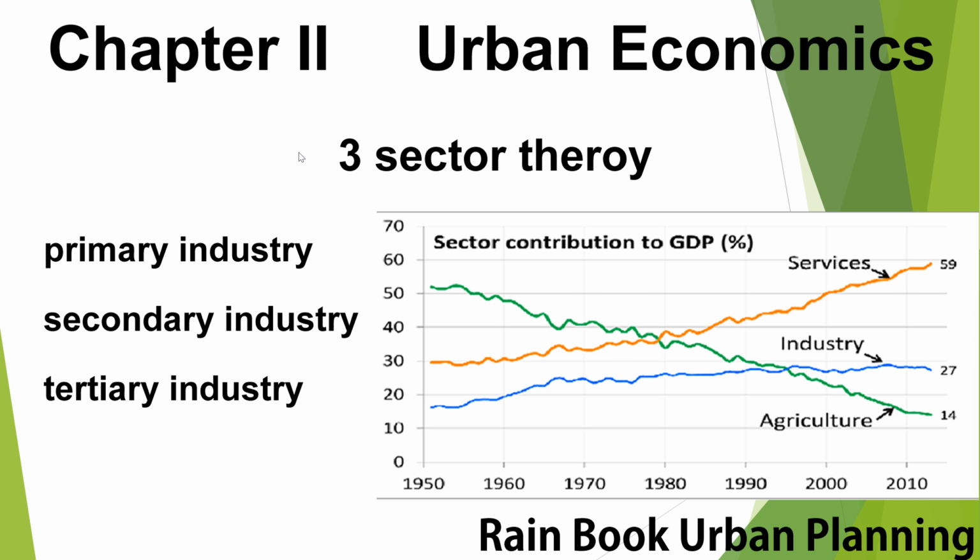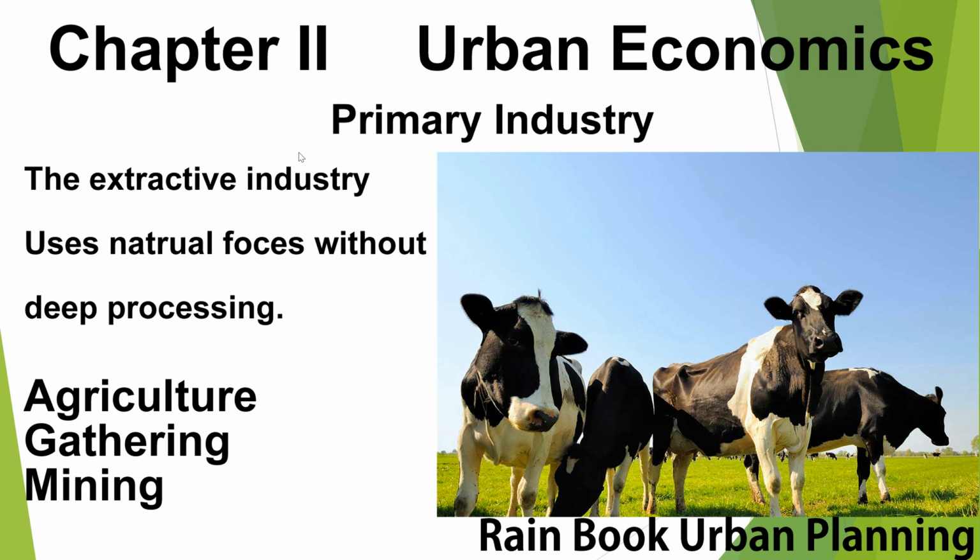But what are these three sectors? The primary sector is the extractive industry. More specifically, the industry that uses mainly natural resources without deep processing. We can consume them directly.